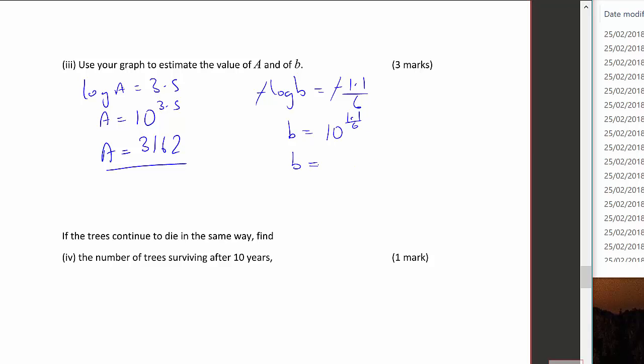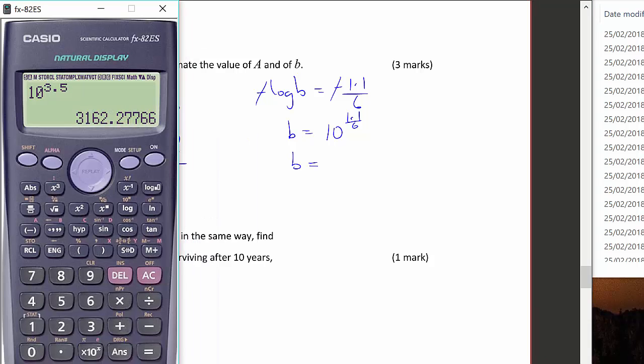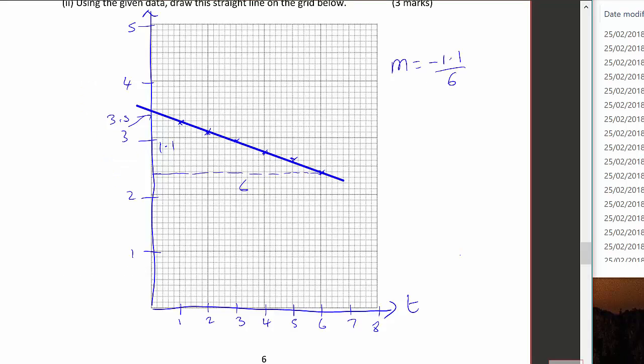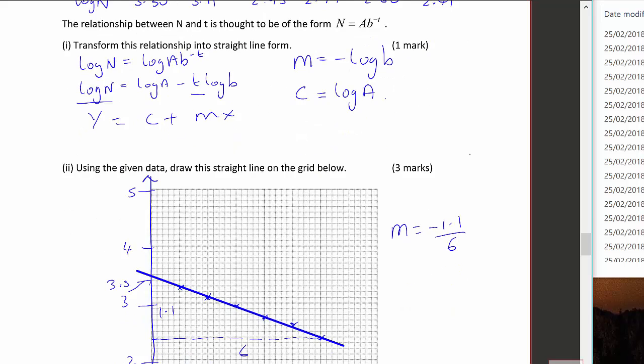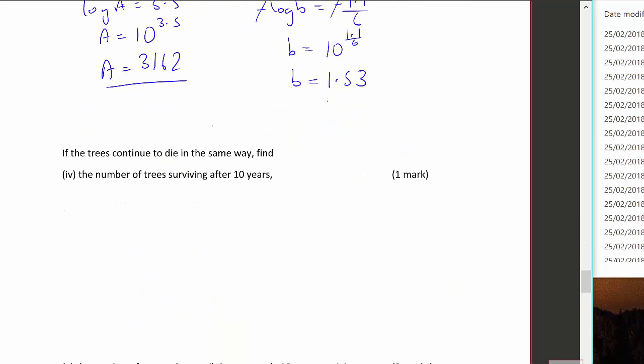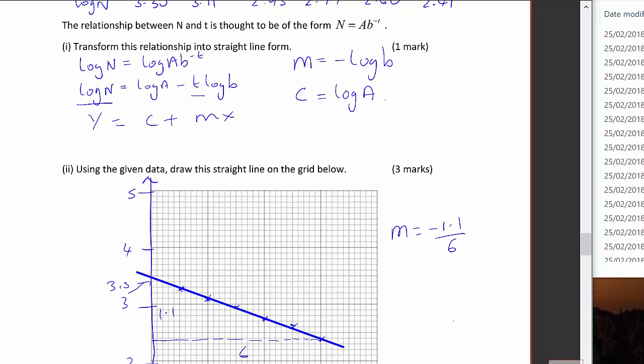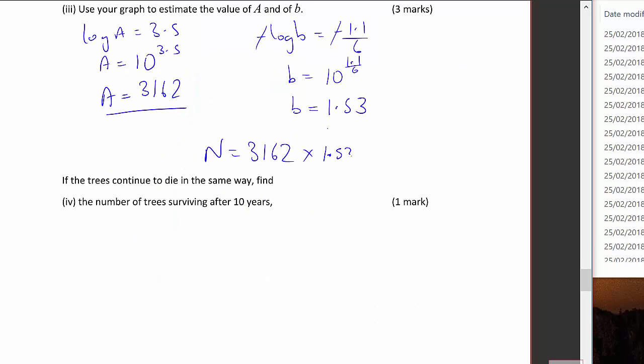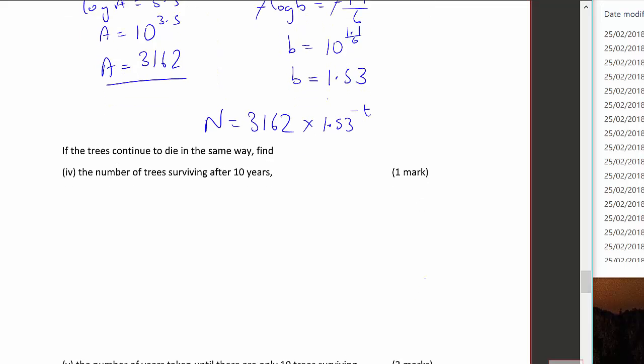So we can work out our value of B. So that's going to be 10 to the power 1.1 divided by 6, which is about 1.53. So if we go back to our equation, it's going to be n equals 3162 multiplied by b to the negative t, so 1.53 to the power negative t.